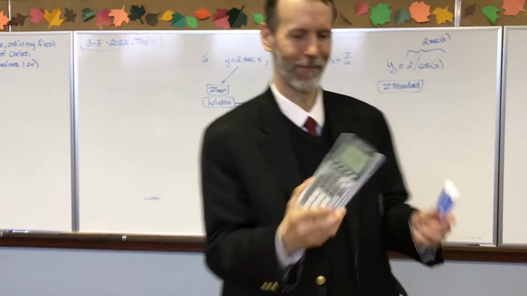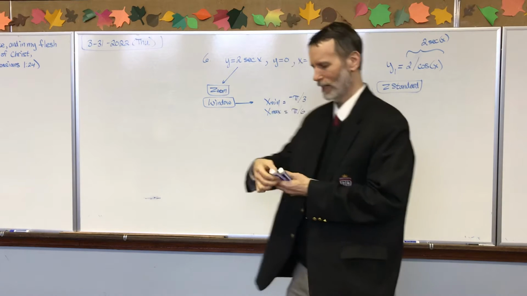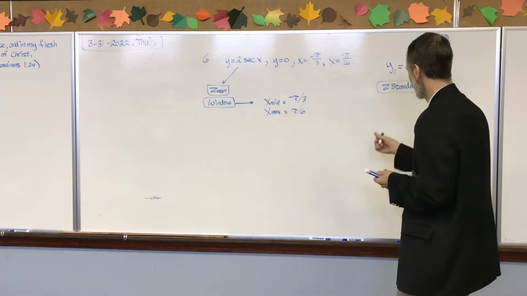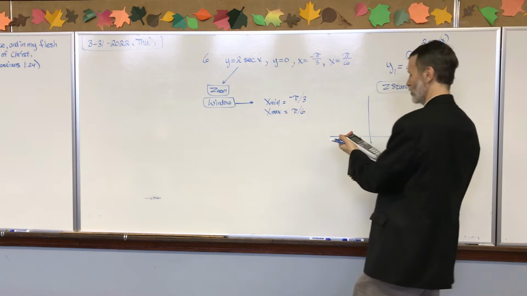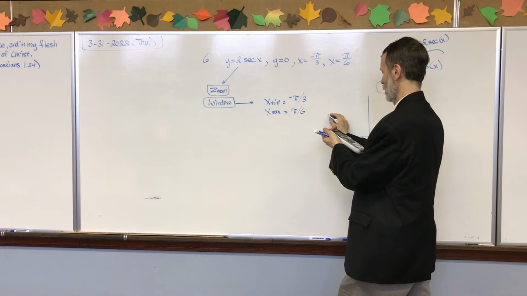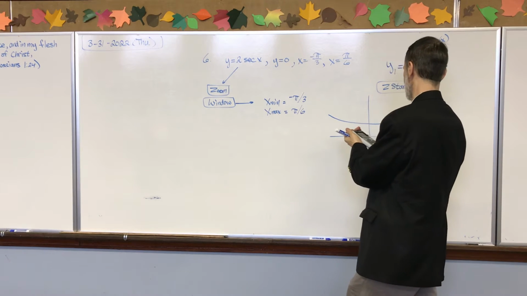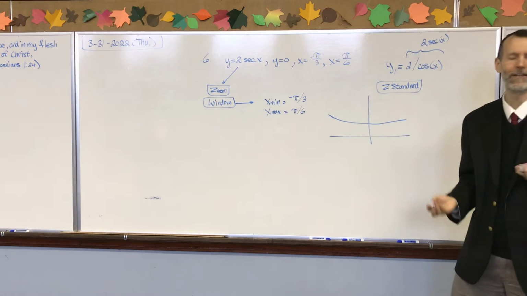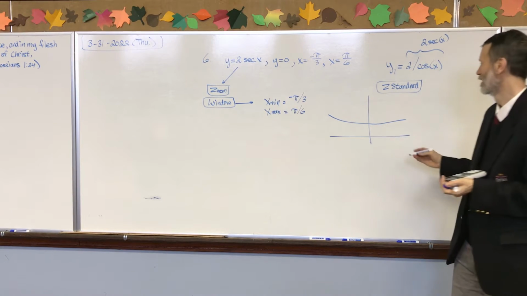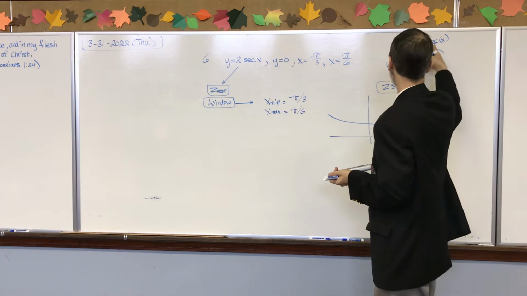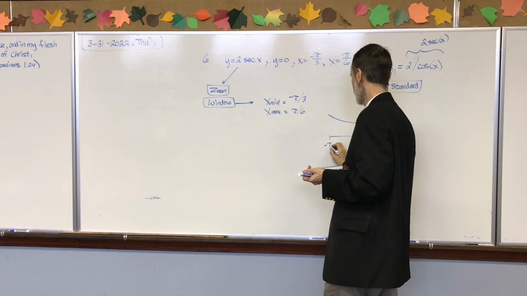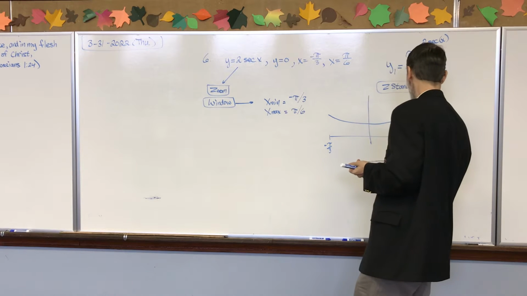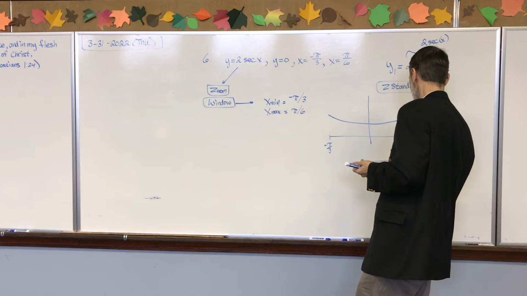So it looks like a relatively boring looking graph that swoops just a little bit. Here's what's all on the screen, and that's all you should see. This is the graph of 2 secant. This boundary is -pi/3. This boundary is pi/6.